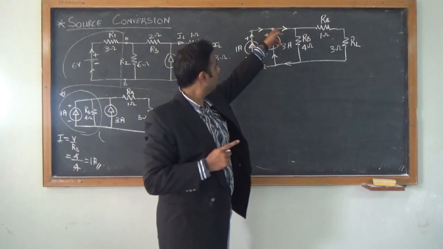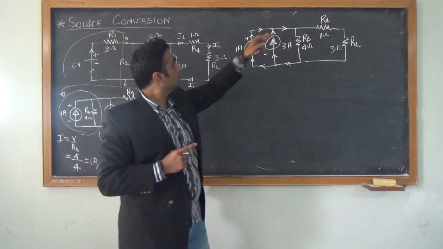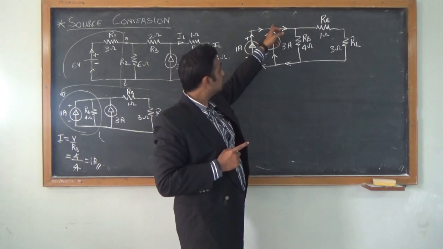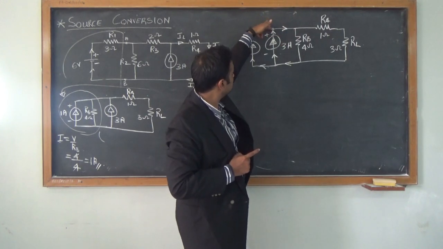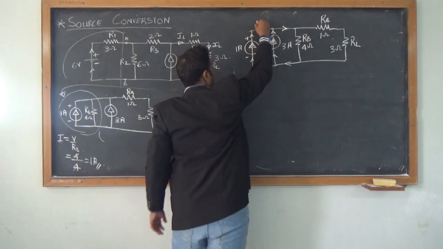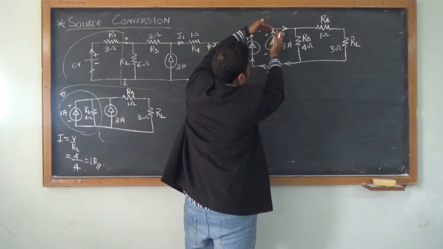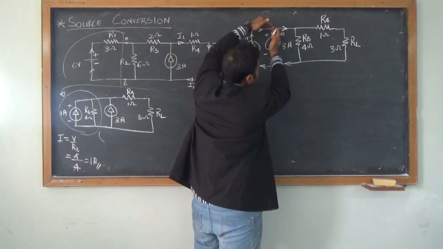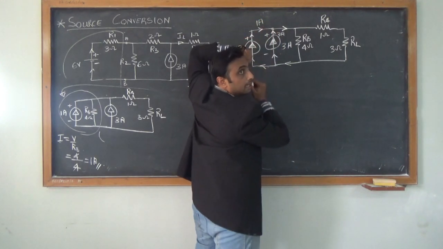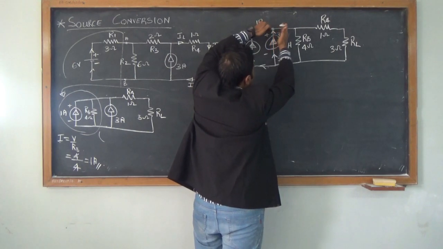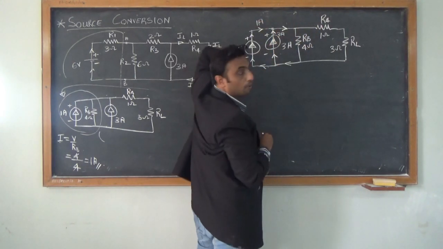Which are the incoming currents? Your 1 amp and your 3 amp are incoming currents, meaning they move towards the node. Anything that moves towards the node is known as incoming current, and what moves away from the node is known as outgoing current. So this is my outgoing current.